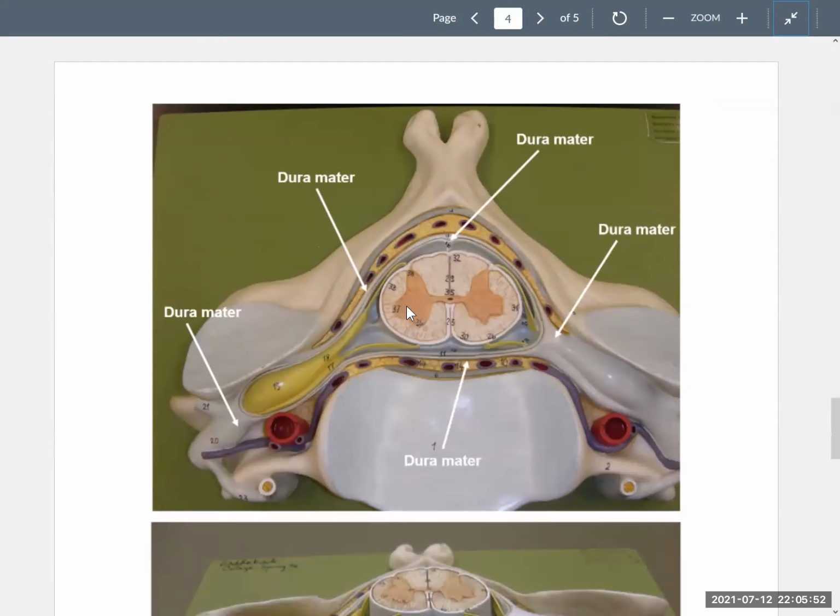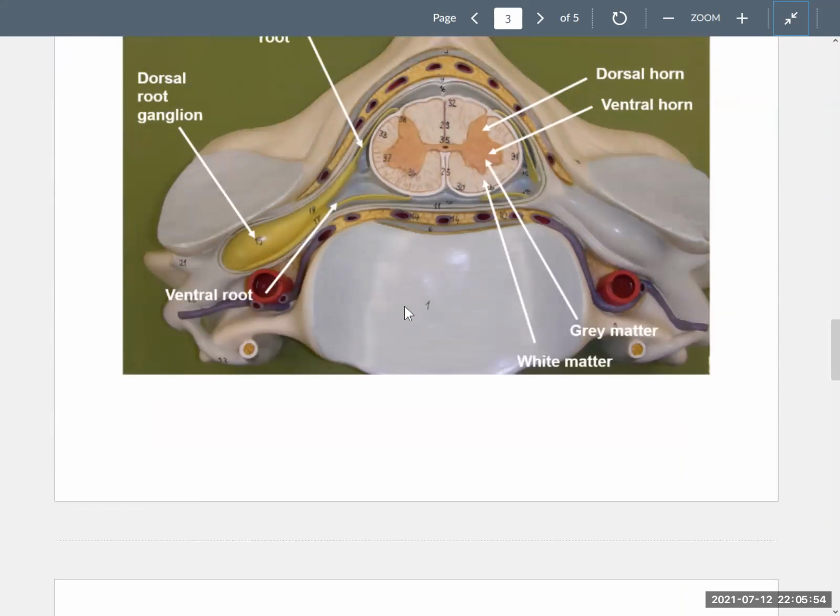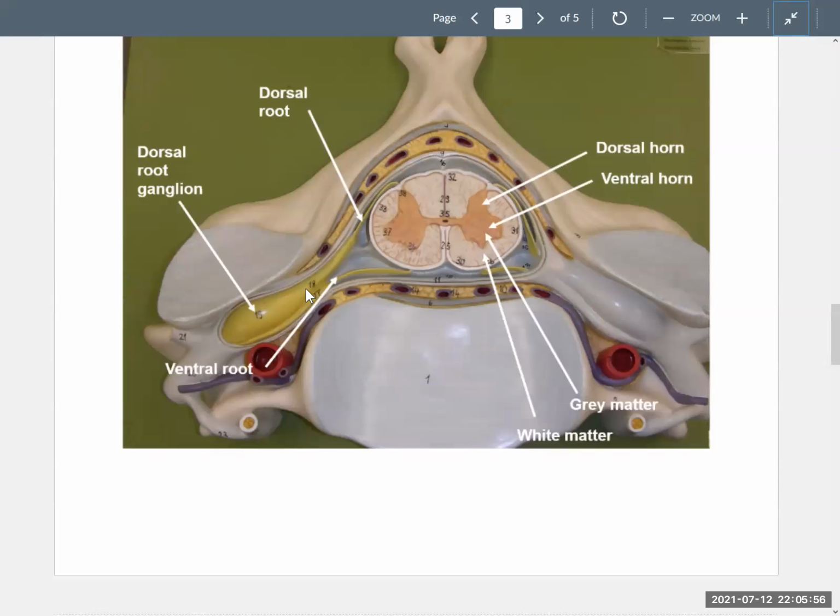Wait, Charlie? Yeah. So what was the difference between the ventral root and the dorsal root? Okay, dorsal root is incoming. Okay. Ventral root is outgoing. Another way of saying it, the dorsal root is afferent coming in, and the ventral root is efferent going out. But if I'm not mistaken, does it look like it's kind of like a cylindrical tube?